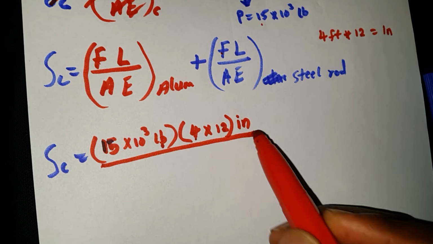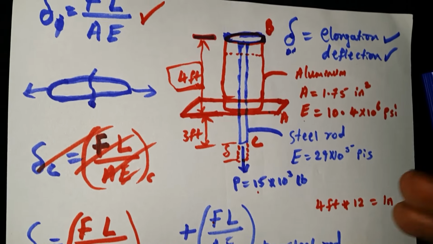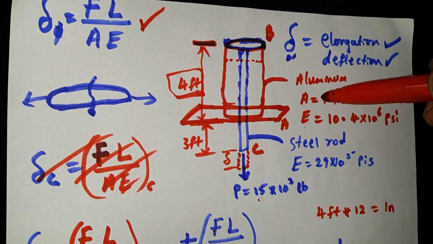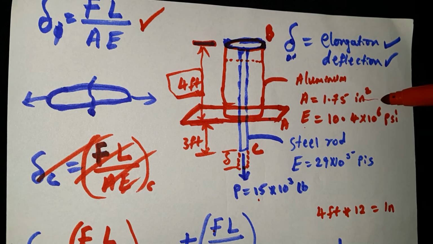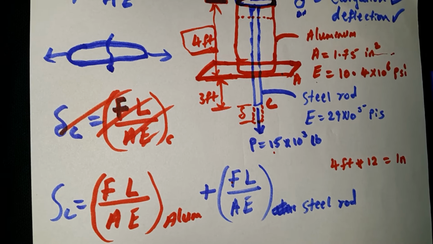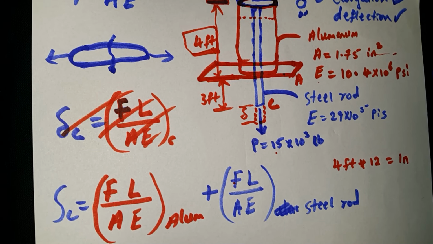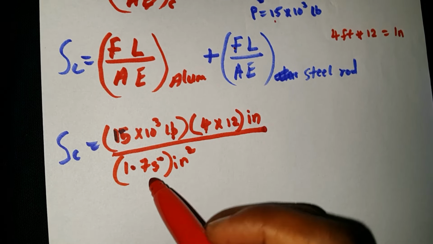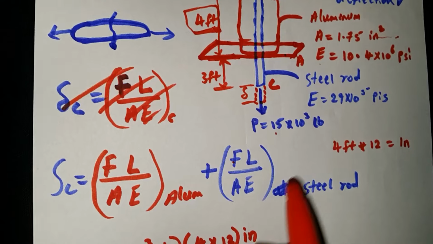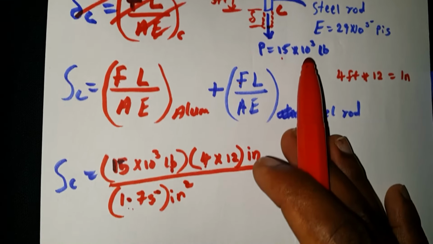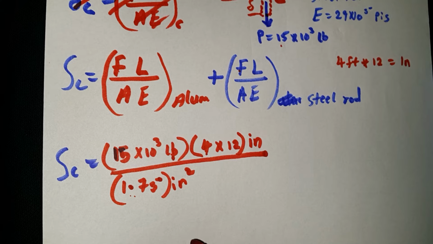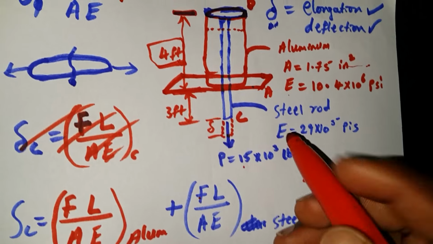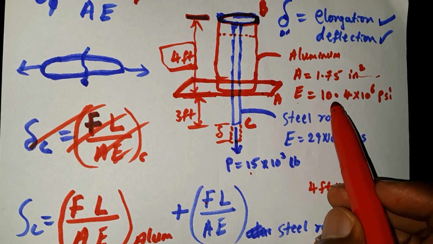All over the area. Okay, we don't need to solve for the area of the cylinder up here, because the area is given. So the area is said to be 1.75 inch squared, as we see it here. The area is given, so we put the area times the Young modulus. If you look up here, you will see the Young modulus is given as well.